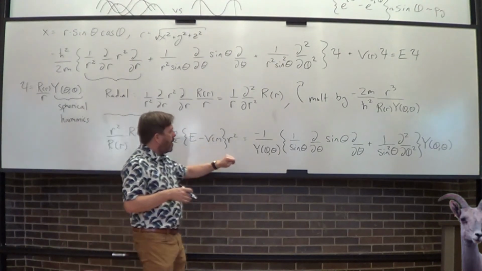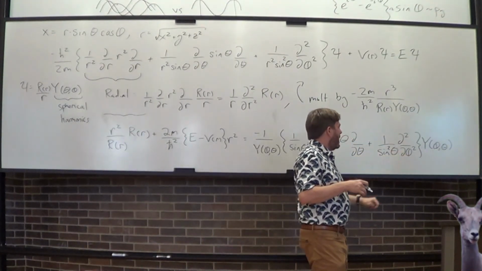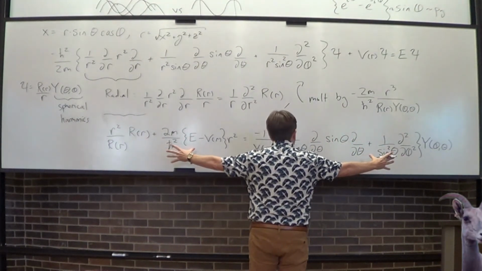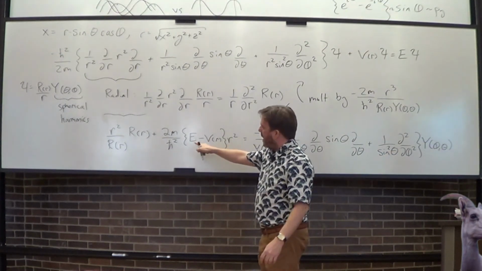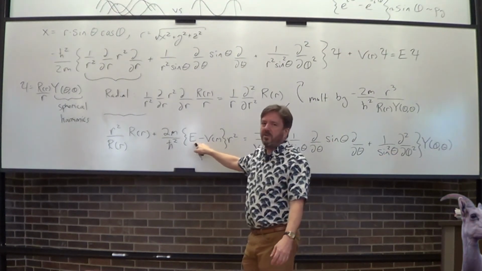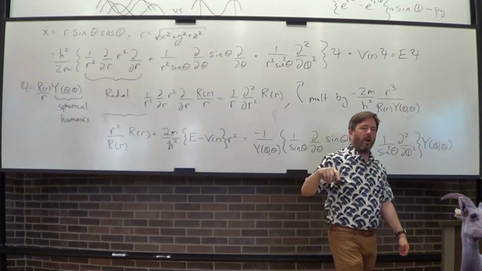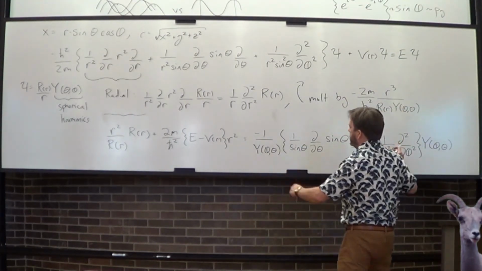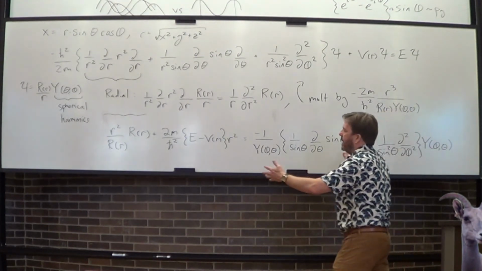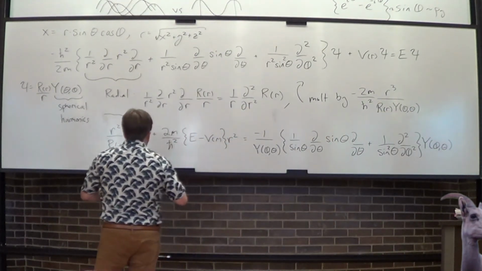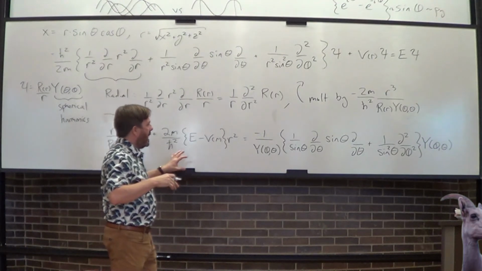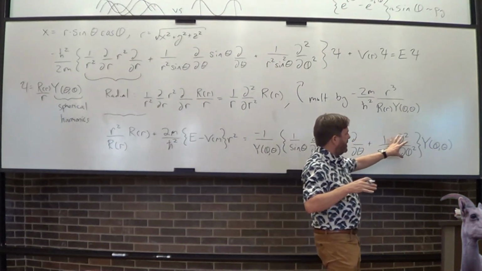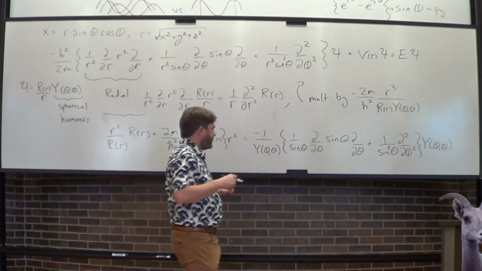So I've got an R part and an angle part, and each one is going to be equal to some kind of constant, and the energy will be solved within the radial part. It's like its own sub-Schrodinger equation. You've got the whole Schrodinger equation, but it funnels down into miniature Schrodinger equations, and this one you set equal to a constant.